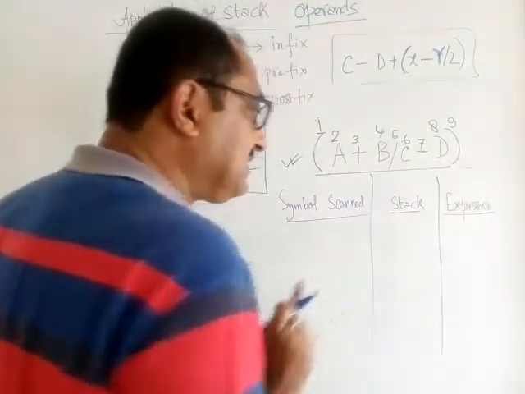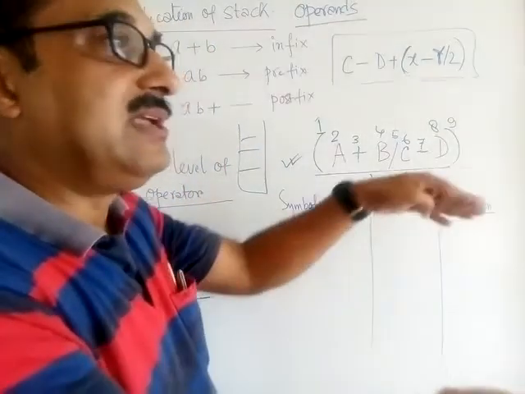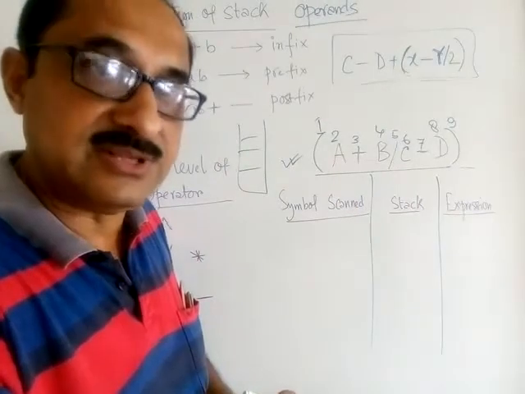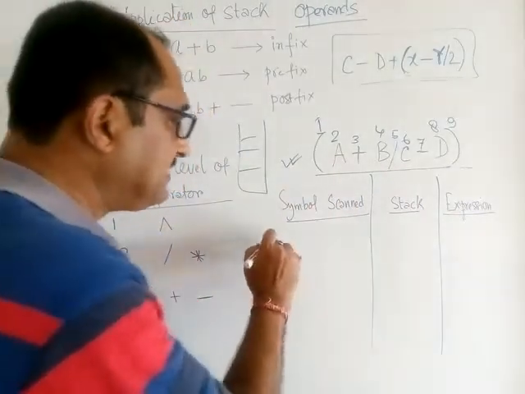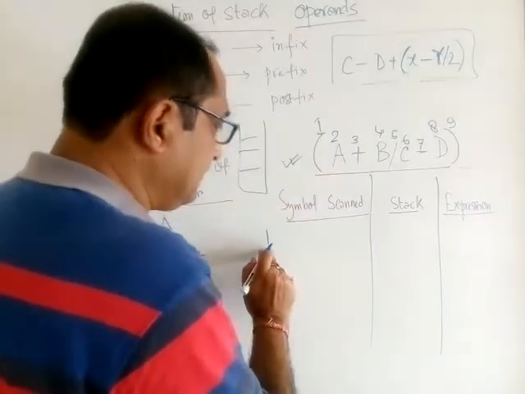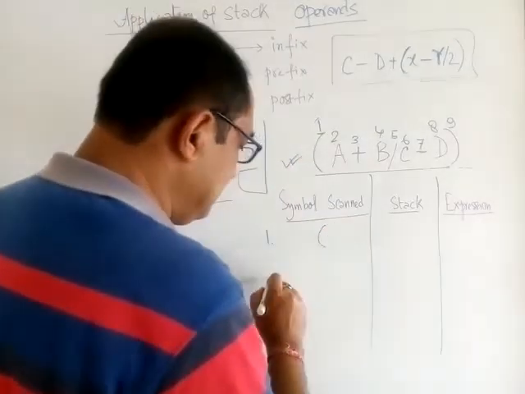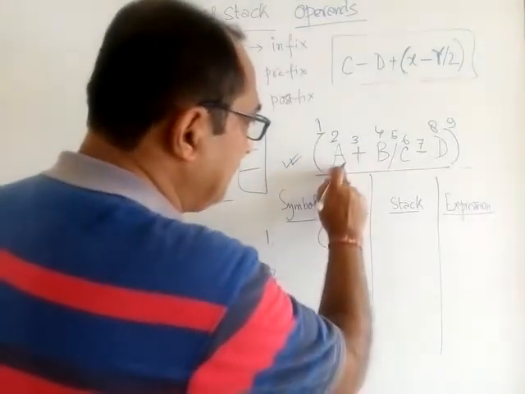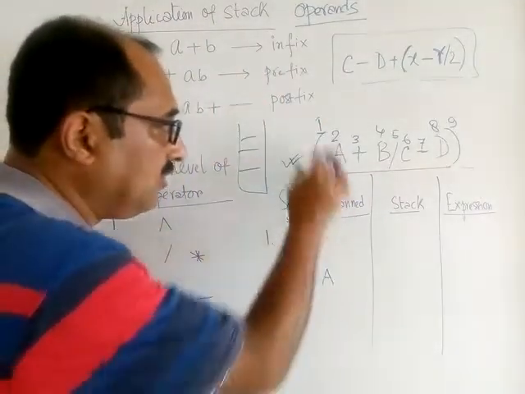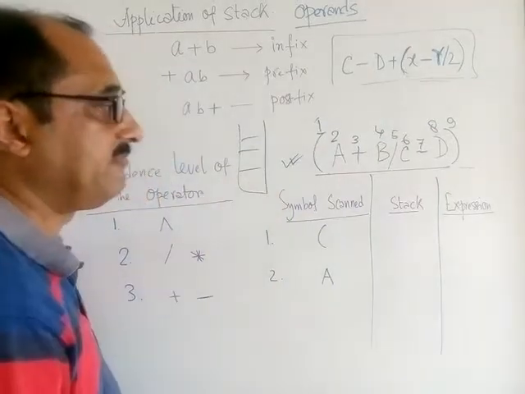What is stack? We will use a stack to store things, to store the symbols. And symbol scan means you can easily make out: at first I will scan this symbol, second time I have A, so I will scan the symbol A. Like this, I will write all the symbols in series.